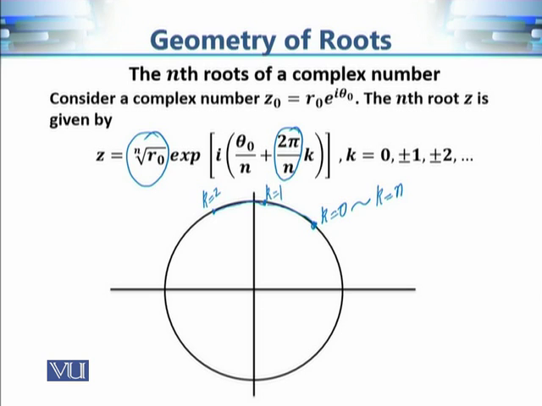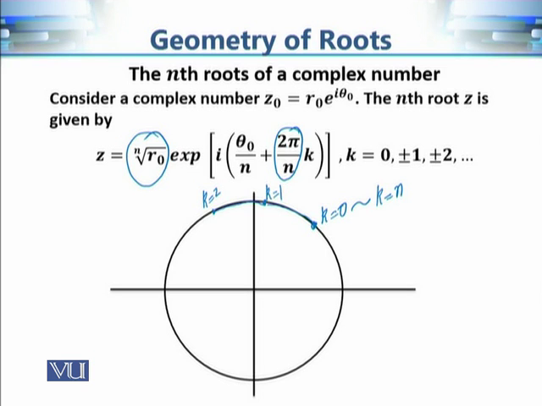If we want to simplify the situation, we'll just consider the values of k from 0 to n minus 1, because if we consider k is equal to n, we will get the same roots again and again. For a very simple calculation, just consider n consecutive values of k.